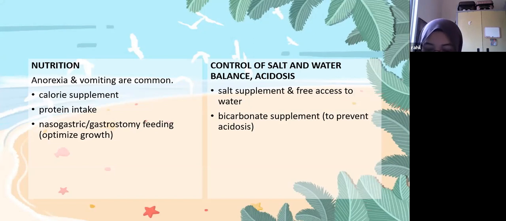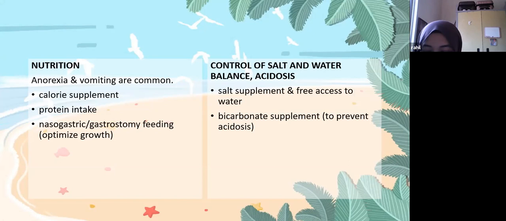We give calorie supplements, which must be balanced between carbohydrate, fat, and protein. The protein intake should be sufficient to maintain the children's growth. But if oral nutrition is not sufficient, we need to consider tube feeding or gastrostomy, so that we can optimize the growth.